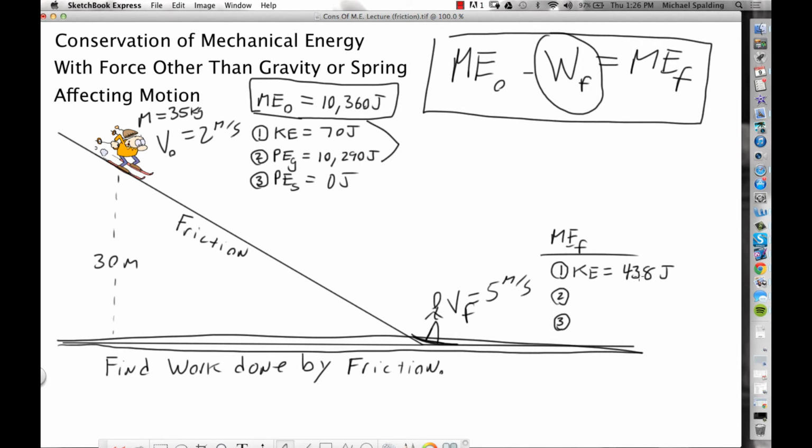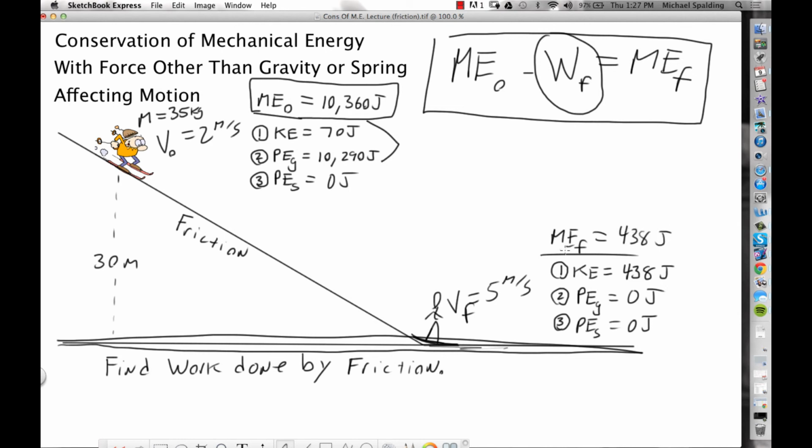Okay? How did I get 438? 1/2 mv squared. His mass is 35. His velocity is 5. Punch it into your calculator. Does he have potential of gravity? No, because why not? He's on the 0 point. Does he have potential of spring? No. So what is his total final mechanical energy?